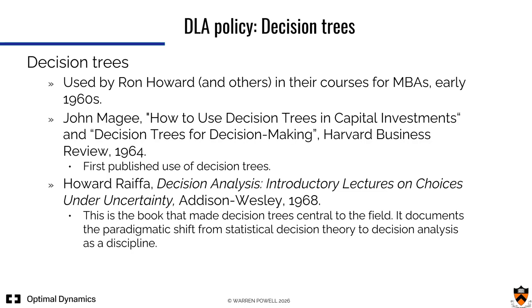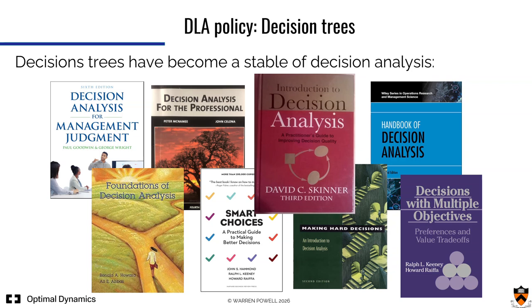Howard Raiffa's book, Decision Analysis: Introductory Lectures on Choices Under Uncertainty, in 1968, was sort of viewed as the first big announcement of saying, hey, decision trees are a powerful tool for decision analysis. It's not the first use of decision trees, but it was sort of viewed as the first major introduction. Today, there is no shortage of books in decision analysis, all at some point using decision trees. It's a very powerful technique for a particular class of decision problems.